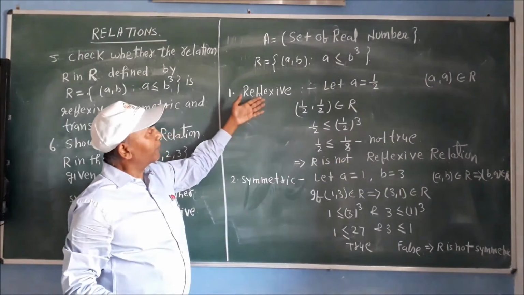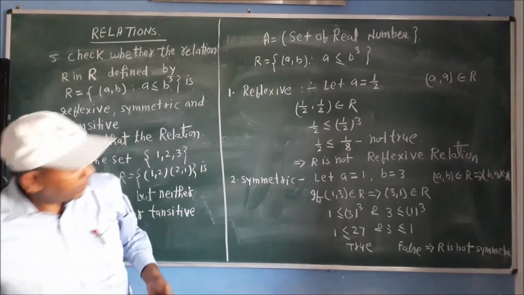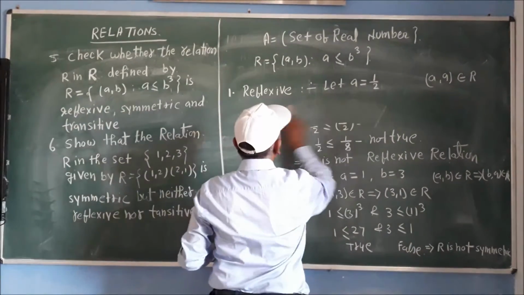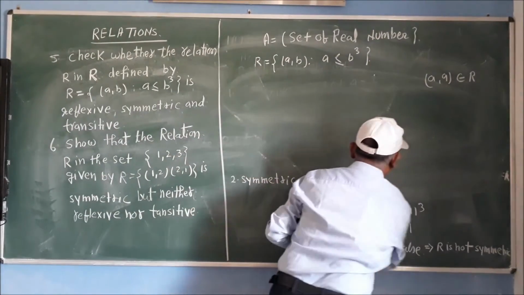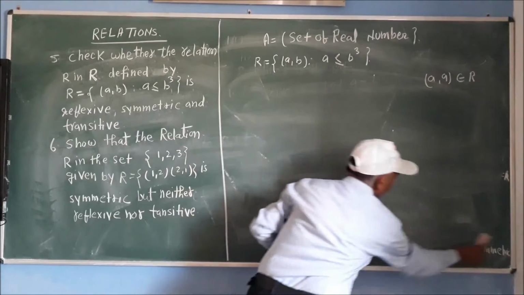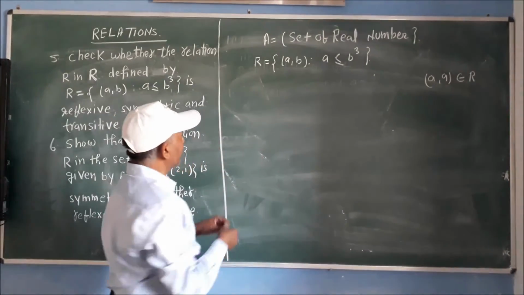After that, we have to check the transitive relation. Third is the transitive relation.